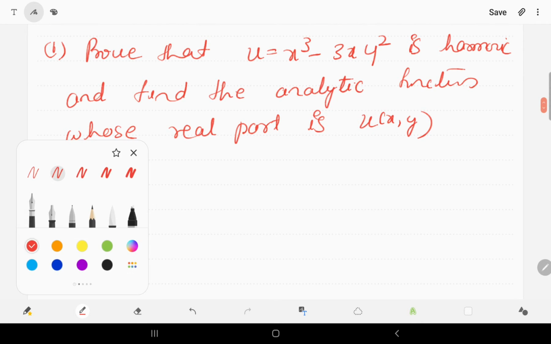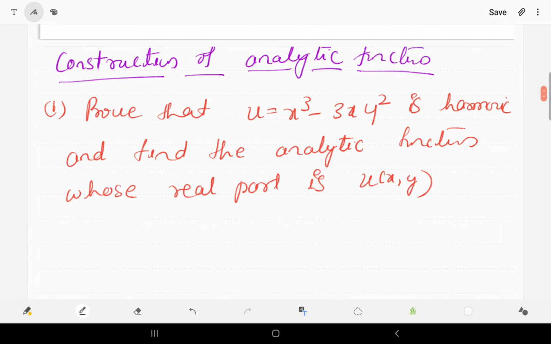So here we have to prove that u equal to x cube minus 3xy square is harmonic.